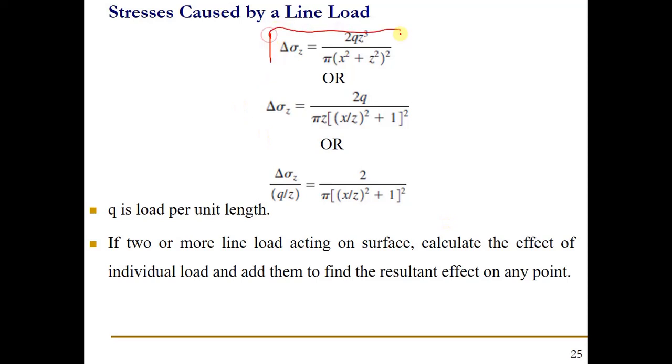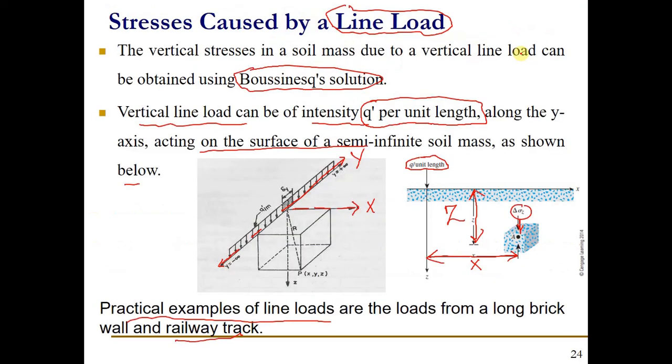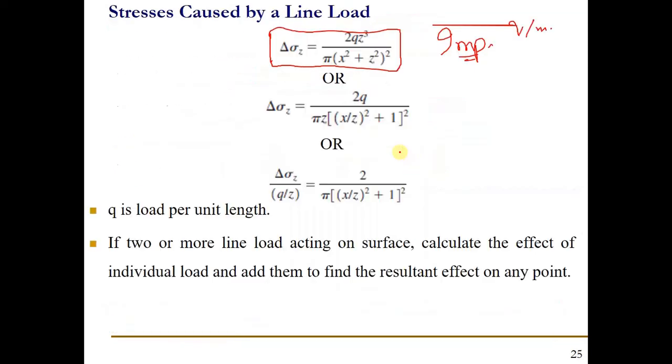These are important equations to note down: delta sigma z is equal to 2q, where q is the load per unit length.